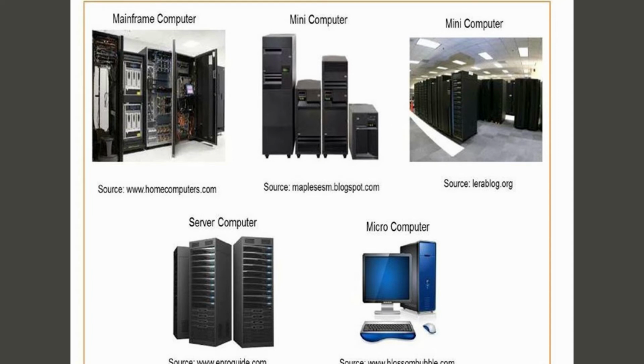They are large and normally used by large organizations or big industries. They use mainframes for highly critical applications such as bulk data processing. Most of the mainframe computers have the capacity to host multiple operating systems.